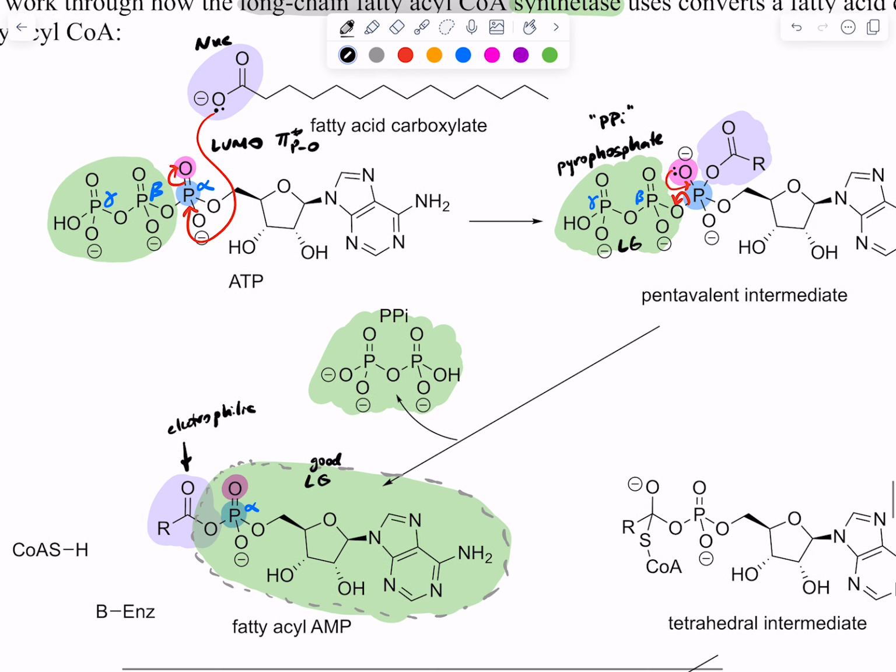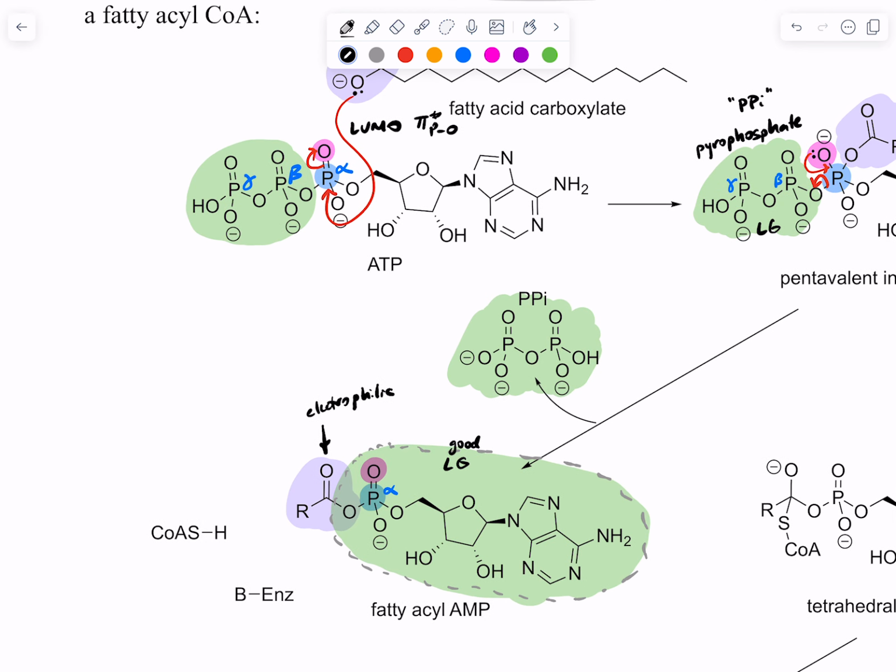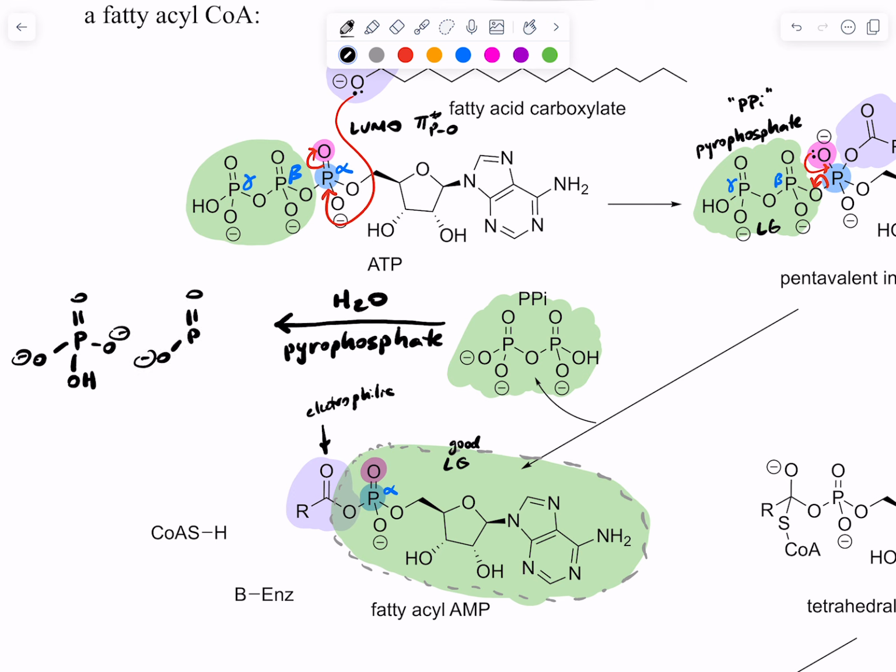One other thing, pyrophosphate itself still has a phosphoanhydride bond, and so one of the things that helps drive this reaction forward is a pyrophosphate hydrolysis reaction. I don't actually know whether there's an enzyme that catalyzes this or whether it just happens spontaneously, but it's very downhill in energy because it takes a level 1 electrophile and turns it into 2 level 4 compounds.